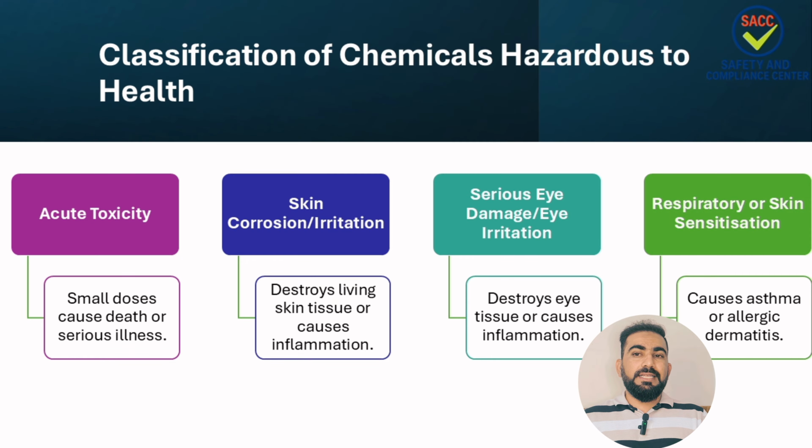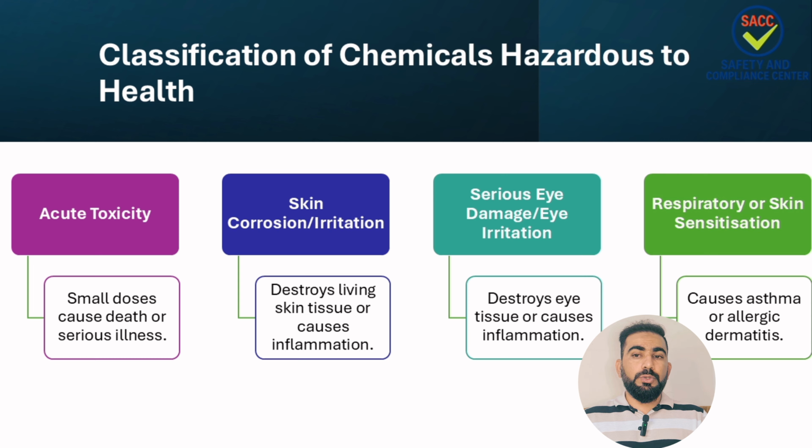Some specific health hazards that hazardous substances can cause are commonly identified on chemical labels and safety data sheets. The acute toxicity: these substances are extremely dangerous in small amounts. Just a small dose can cause serious illness or even death if inhaled, swallowed, or absorbed through the skin.